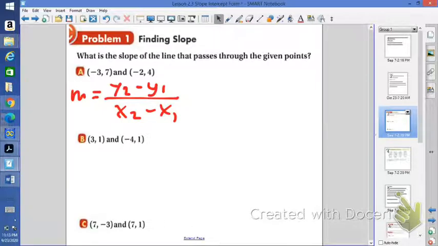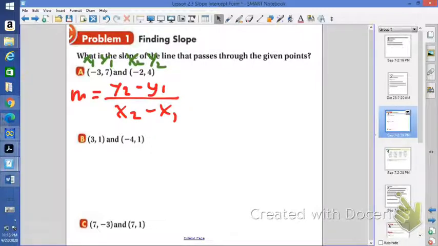So you don't make any careless mistakes, what we want to do is label. We're going to label this your x sub 1 and this your y sub 1, and this is going to be your x sub 2 and this is going to be your y sub 2.